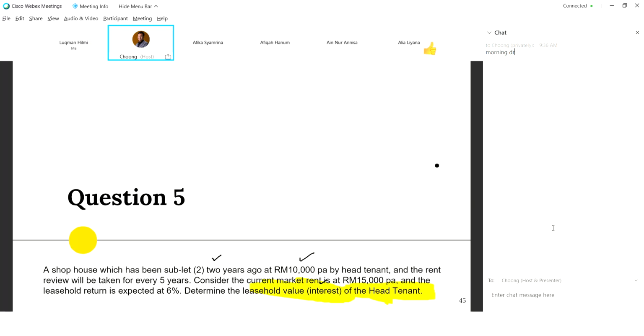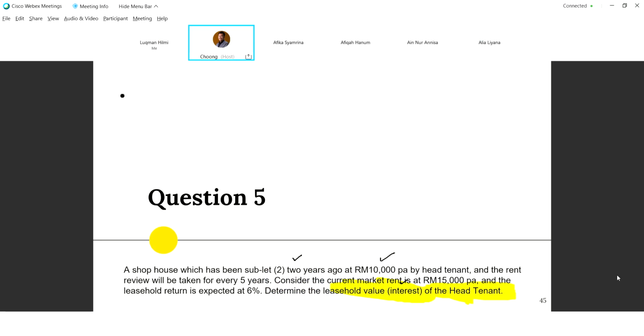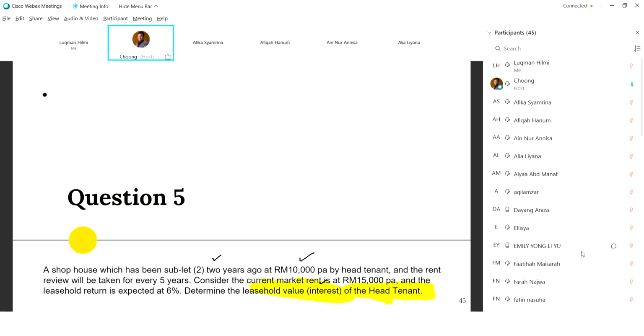So to put it in simple words, class, for now you only have to understand this formula. Not formula, but just the concept of profit rent. You can ignore what I was saying just now, just remember the fundamental idea: profit rent.